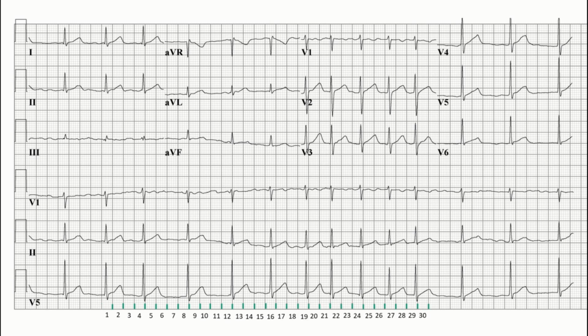Now after having marked the boxes, we have to count the total number of QRS complexes or simply R waves between our marked 30 boxes. We can see that there are 10 R waves between our 30 boxes.